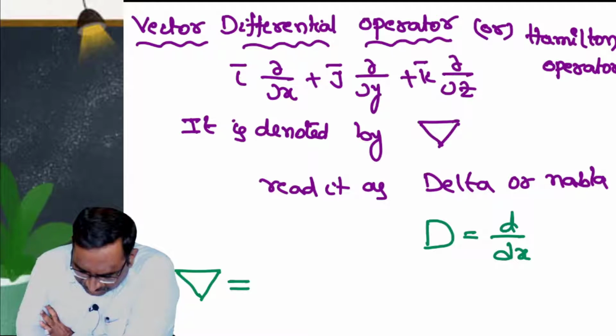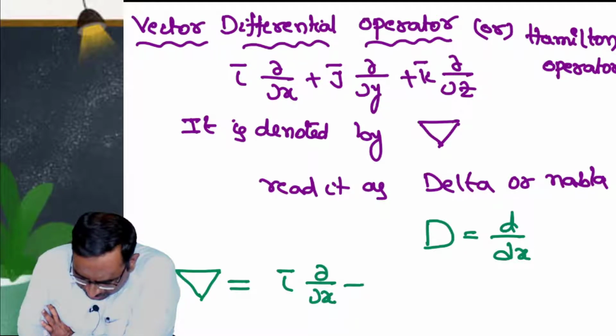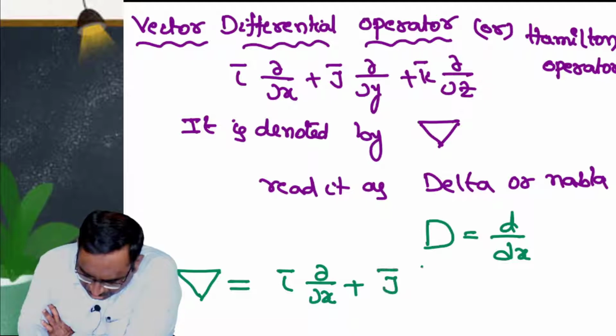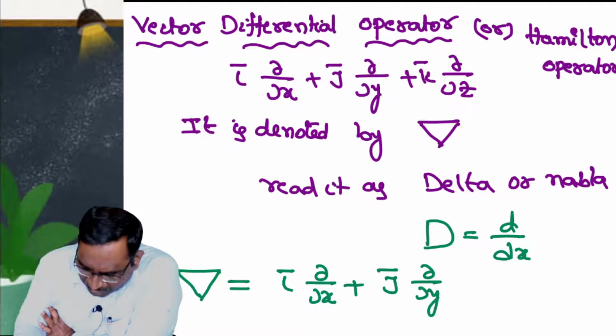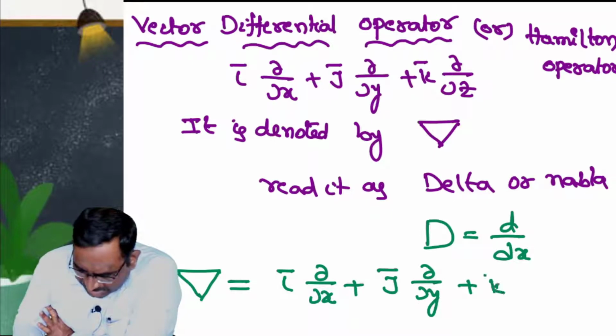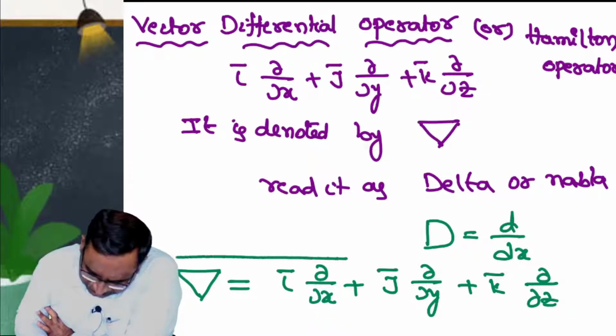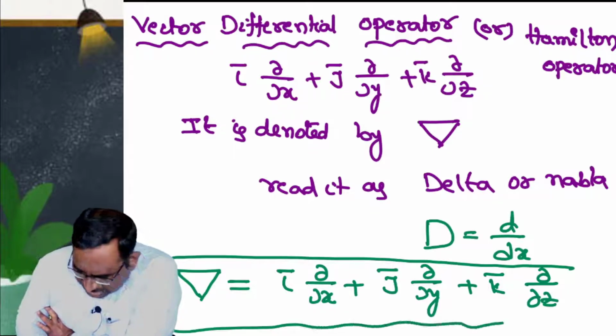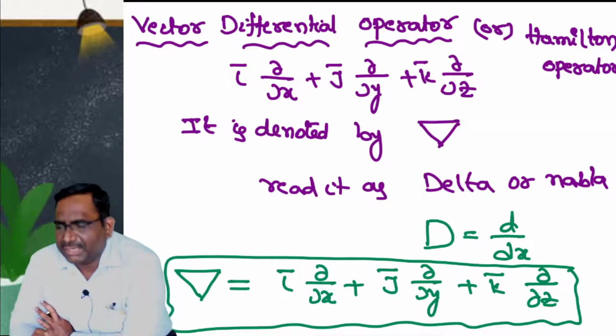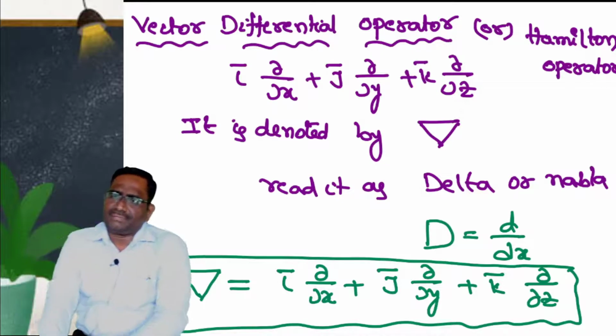It is defined by i bar dou over dou x, j bar dou over dou y plus k bar dou over dou z. So, this operator is called the vector differential operator.